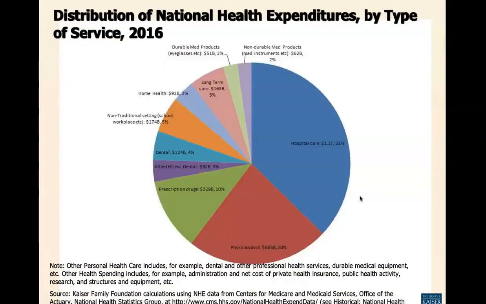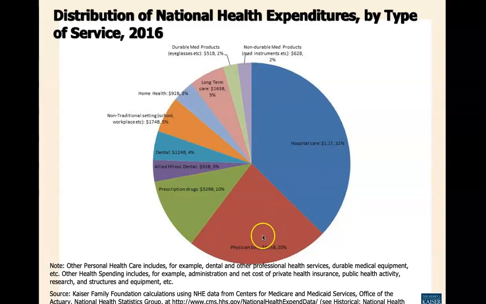So let's compare it to the distribution of health expenditures in 2016. Hospitalization slightly increased by a few percentage points. It was 31 and change percent in 2010, and it is now up to 32%. And the expenditure went up from 814 billion in 2010 to 1.1 trillion dollars now.